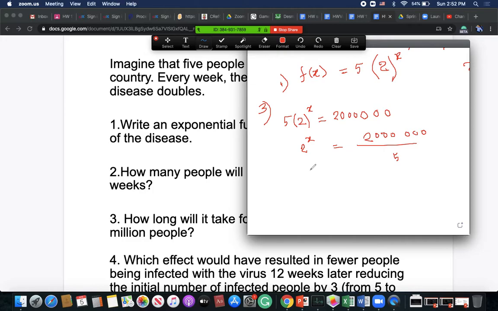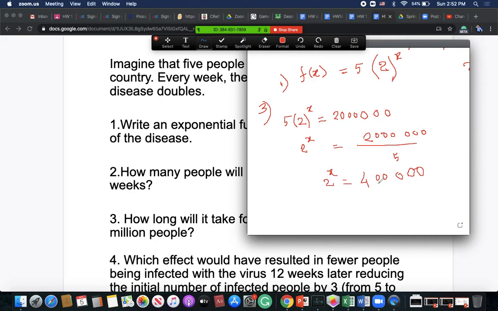Let me try it here. 2,000,000 divided by 5 equals 400,000. That means 2^x equals this number.